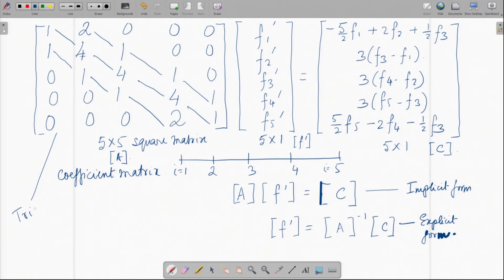This structure was referred to as the tridiagonal structure, and whenever you have this structure in the coefficient matrix, it is very efficiently solved through the TDMA or Thomas algorithm.